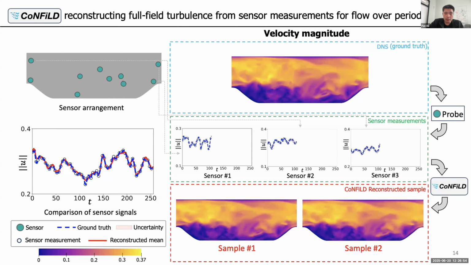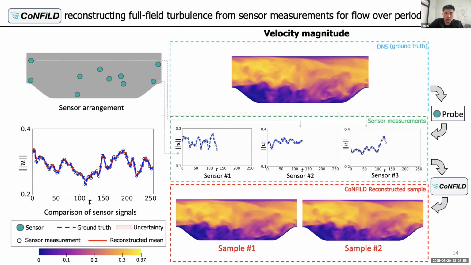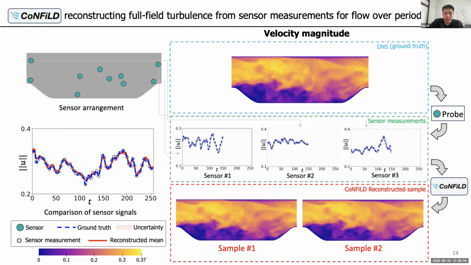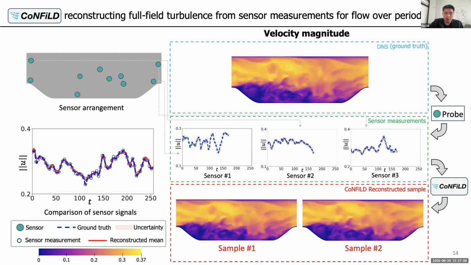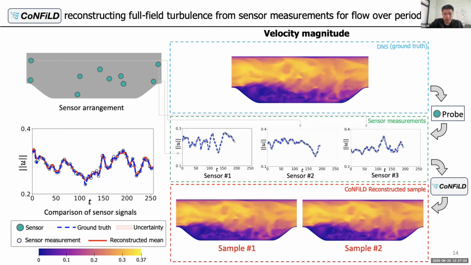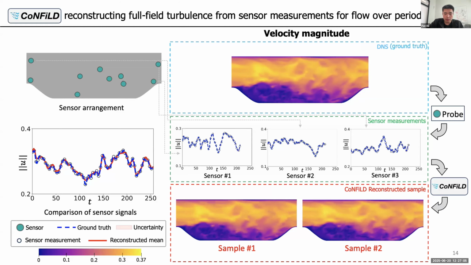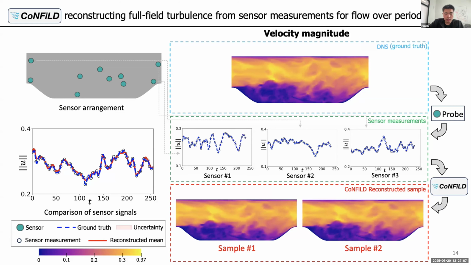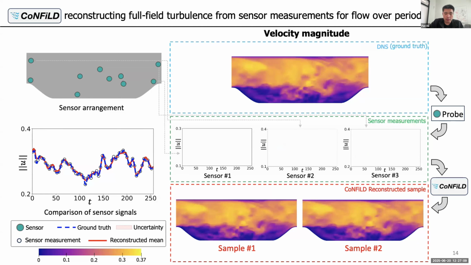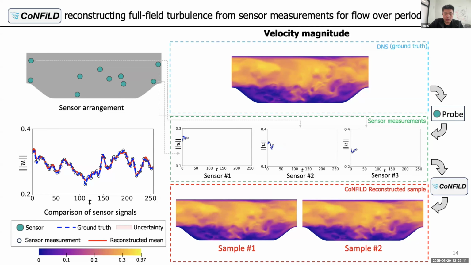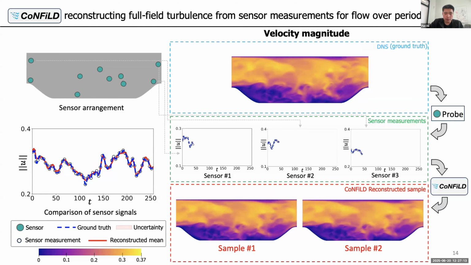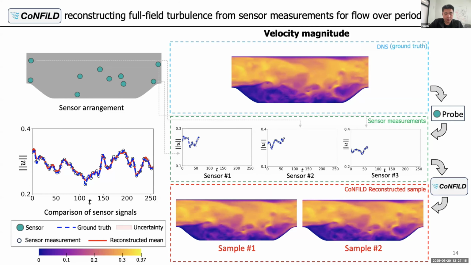And you can see that as the signal goes forward in time, we can reconstruct the full spatial-temporal turbulent flow in the visualization on the bottom. Those flows have very close flow field signals compared to the measurements.